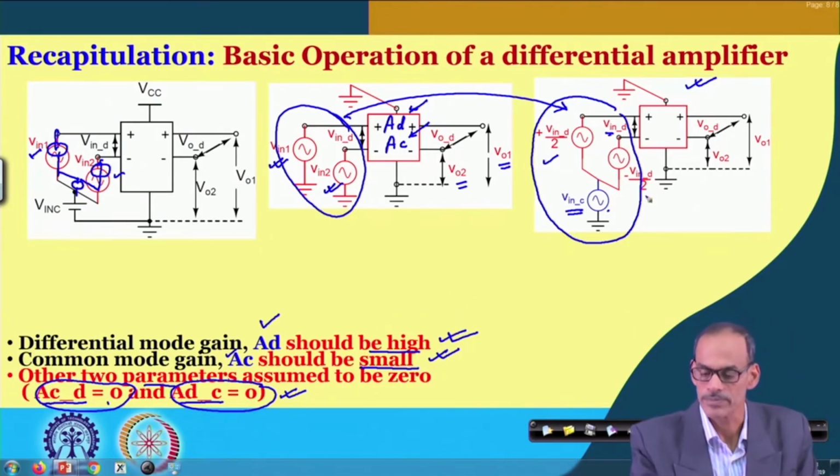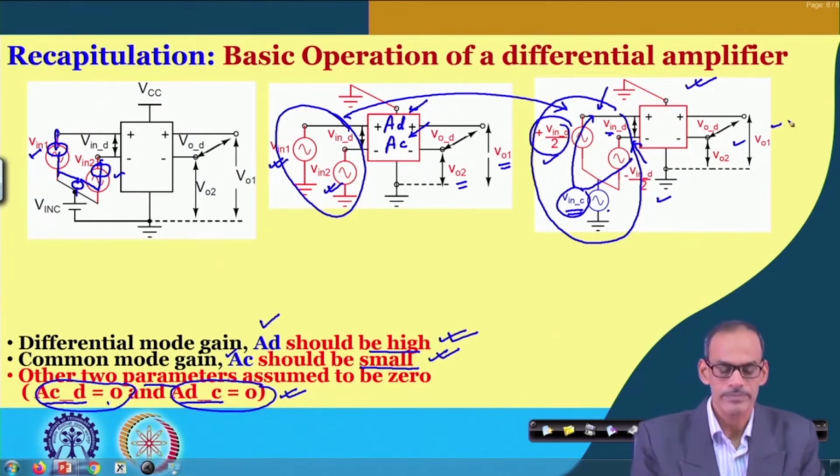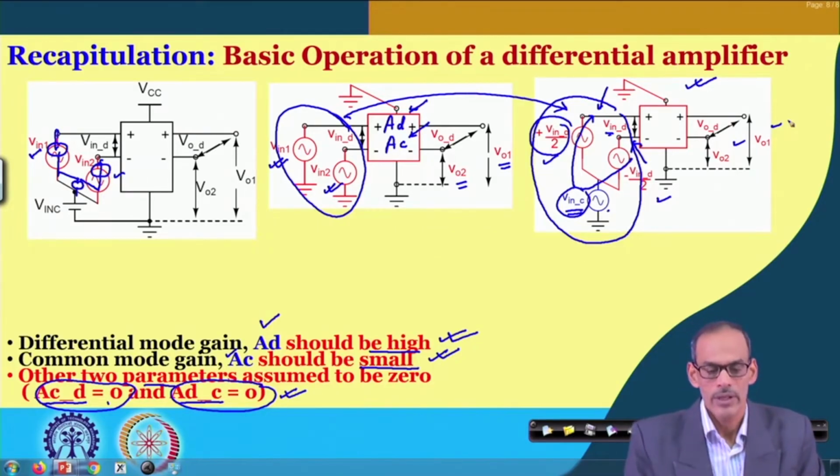We have the positive half going to terminal 1, and the negative half going to terminal 2, and the common mode signal goes to both terminal 1 as well as terminal 2, and then we see the signal here. That is what we discussed in our previous lecture.